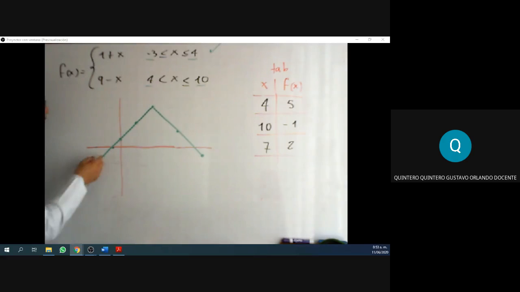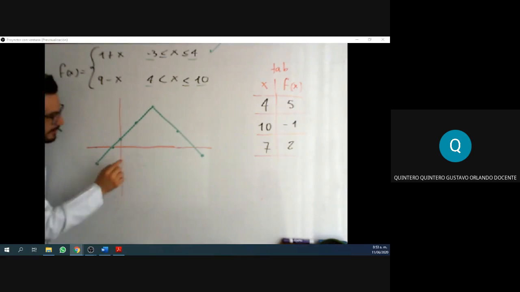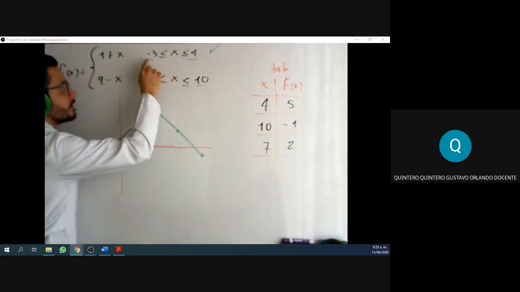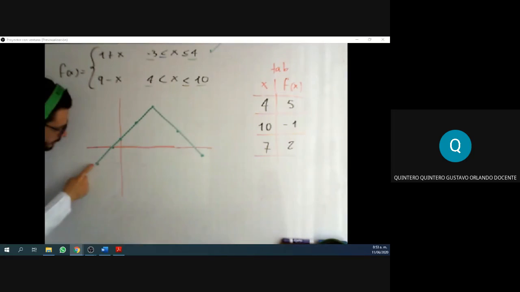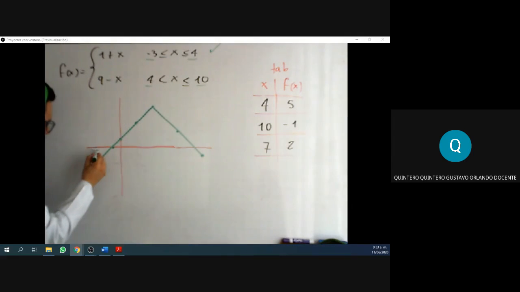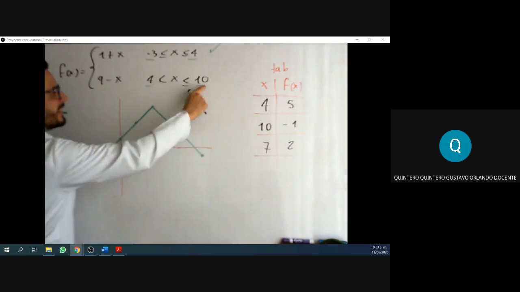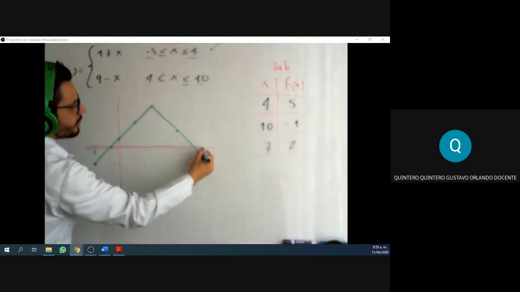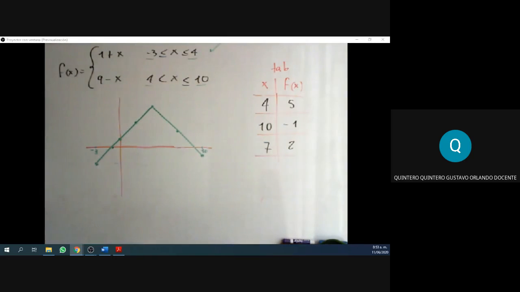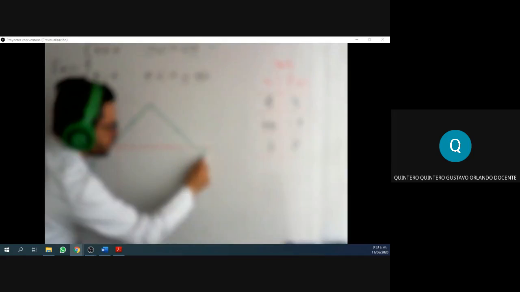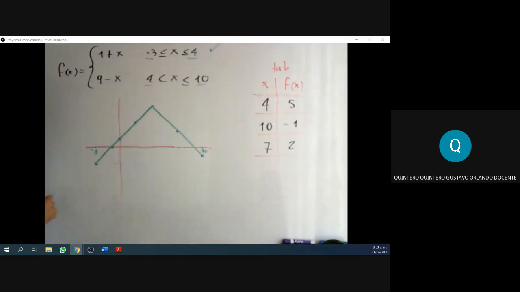Number one, we are stopping right in the corners of the values. -3 was one of the corners. That is one of the values here, -3. 10 is another corner. So we stop right there at 10. We do not continue the drawing all the way.